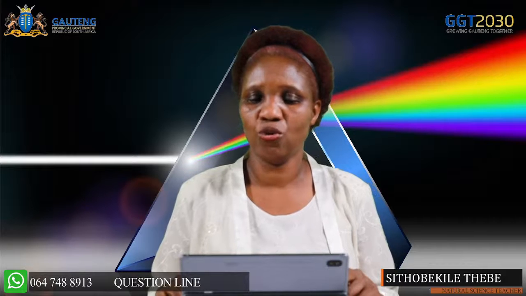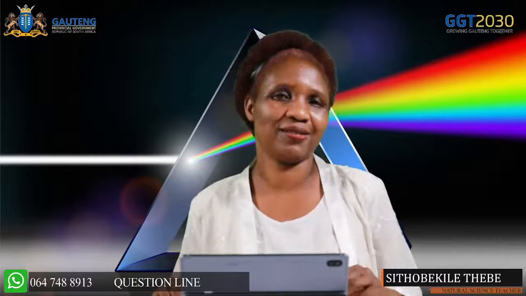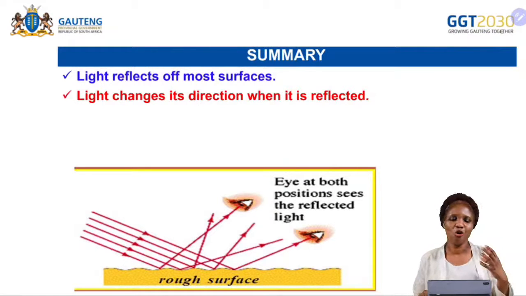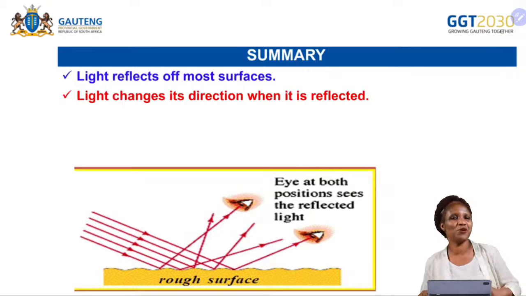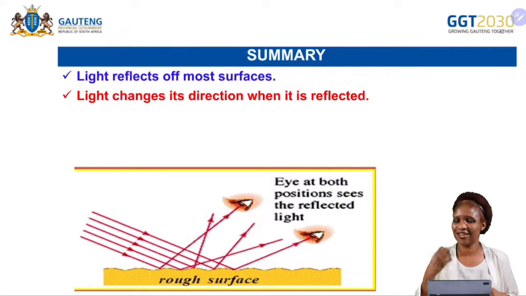We'll summarize our lesson again so that you understand. Light reflects off most surfaces. What are we talking about when we say light reflects off most surfaces? When light strikes an object, light is also reflected to our eyes. That's why we are seeing different colors.